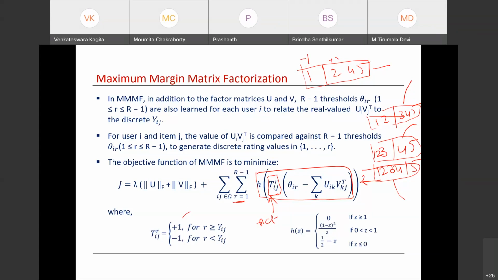Once this is done, this is our prediction, set up with the theta I value. If it is on the positive side of the plane, this value would be positive; if on the negative side, this value would be negative. So this is the prediction and this is the actual value. If this is plus 1, this is also plus 1.